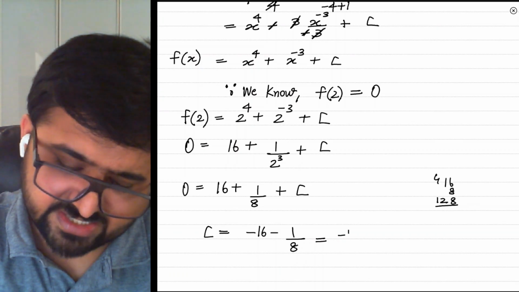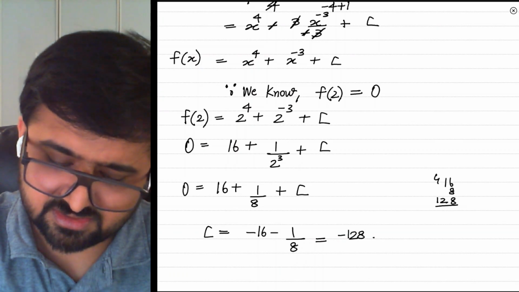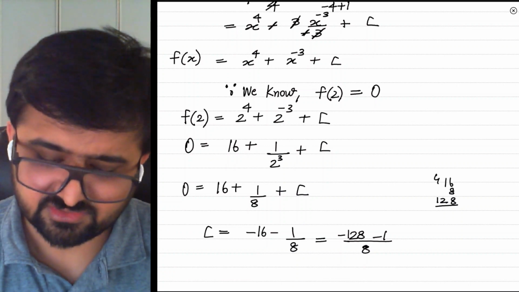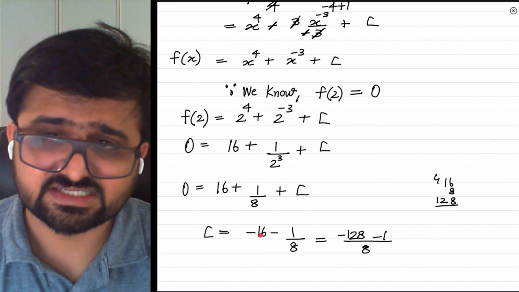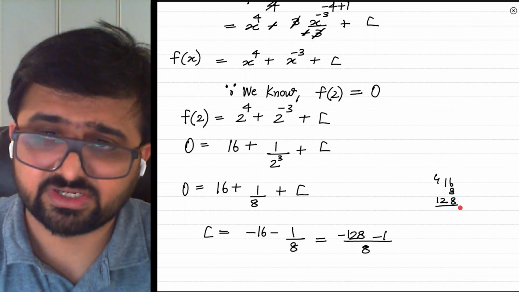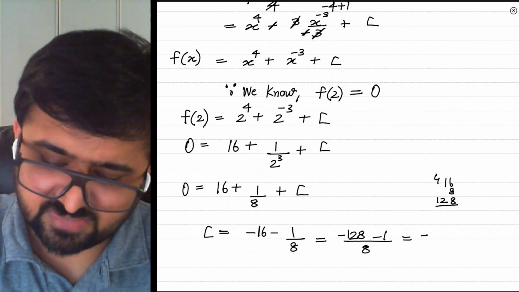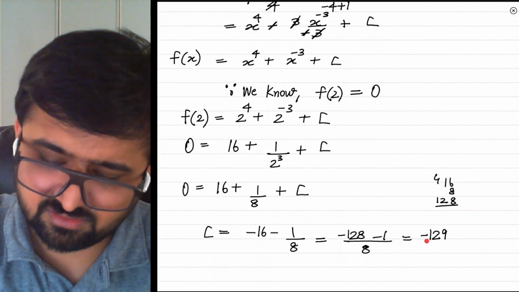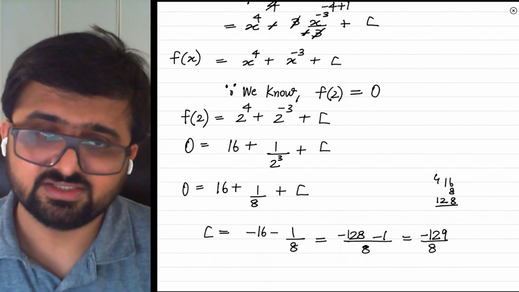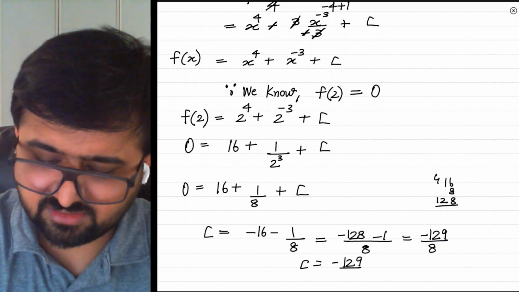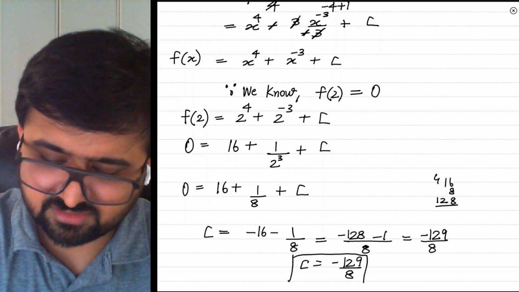So you get minus 128 minus 1 over 8. Okay, so you can just cross multiply. 16 times 8, which is 128, minus 1 over 8 is minus 129 over 8. So that's the value of c. c is minus 129 over 8.